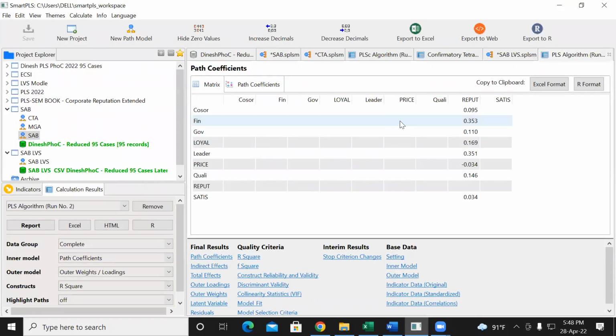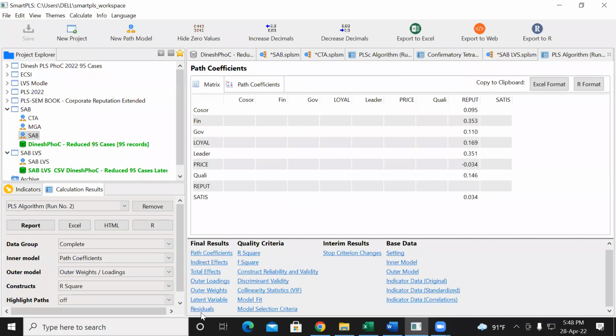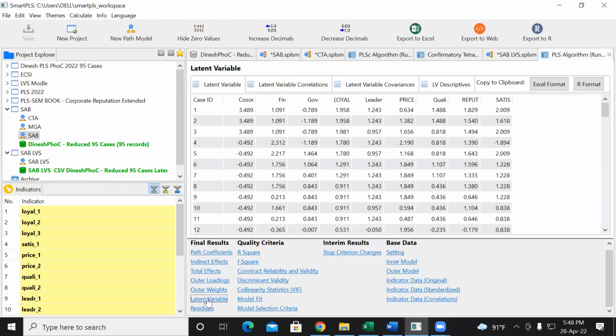Then you get reports. Don't look at the reports. Go to latent variable. And this is something new to you. Latent variable means our construct, which is not visible. There is something under latent variable. First matrix is about latent variable scores.